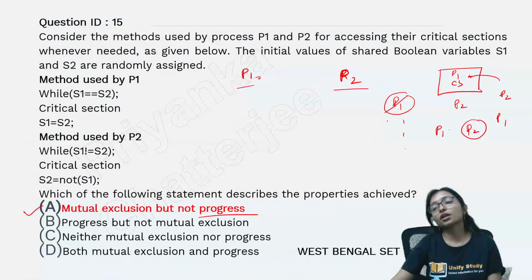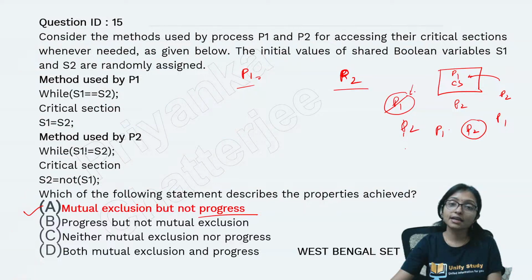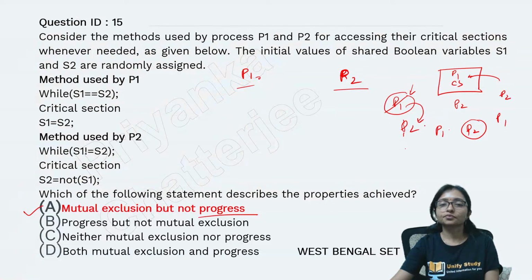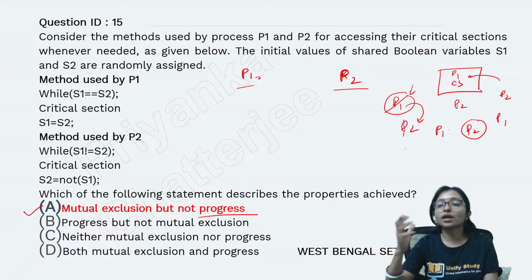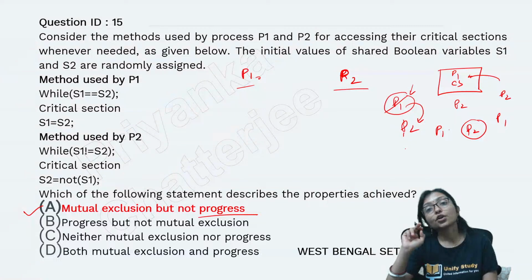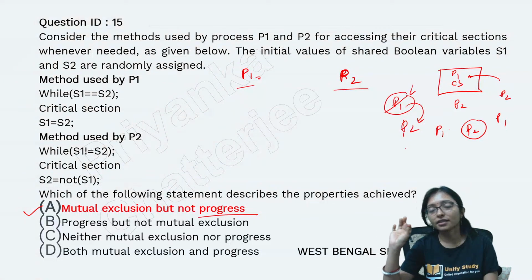Okay, P1 is not interested, that's okay, then P2 will go. If it is a dependency, where P1 has the key and passes it to P2, then only P2 will get the chance. Now P1 is sleeping and not going, so P2 and P3 are not getting a chance. Then it is called not progress. This type of dependency should not be there.